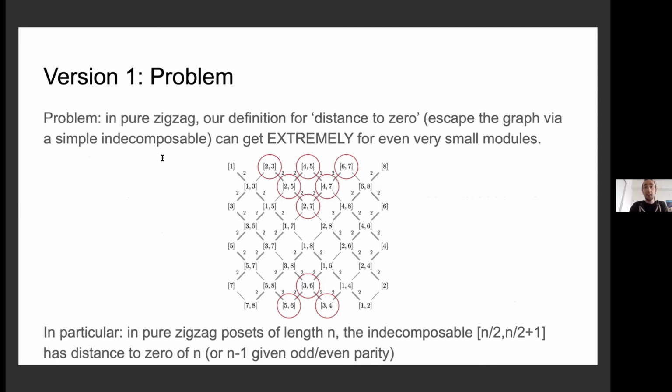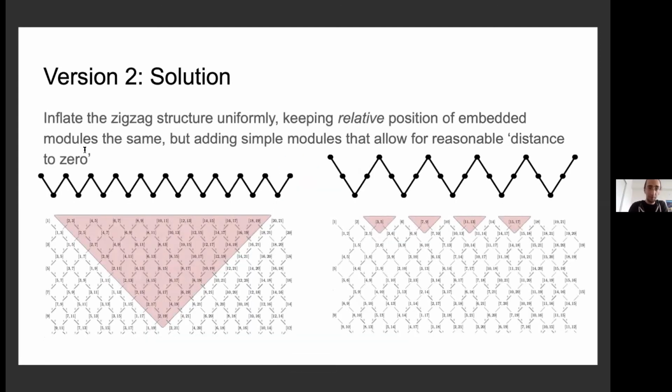In pure zigzag, this actually becomes incredibly extreme to the point where there's always a candidate module for this with dimension 2, and its route outward takes a full distance of about the size of the poset itself. This felt qualitatively very undesirable to us, so we realized there was a kind of interesting way to fix this.